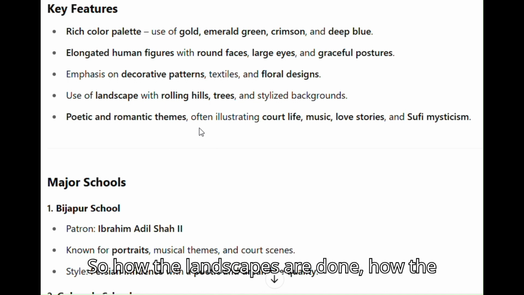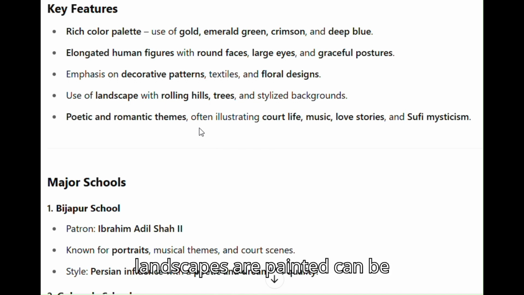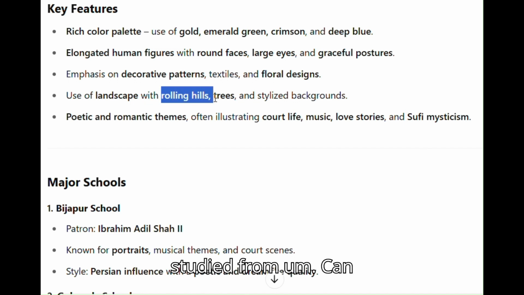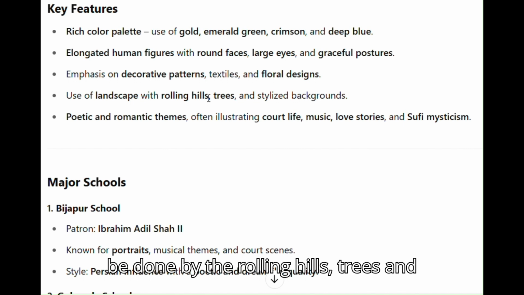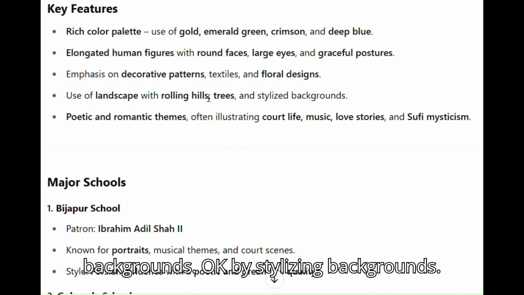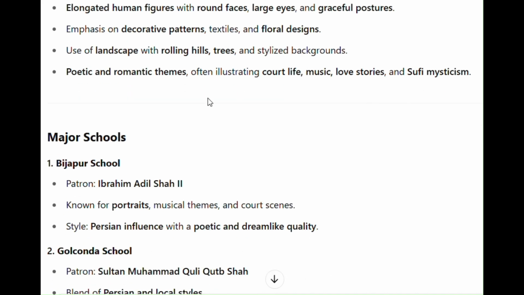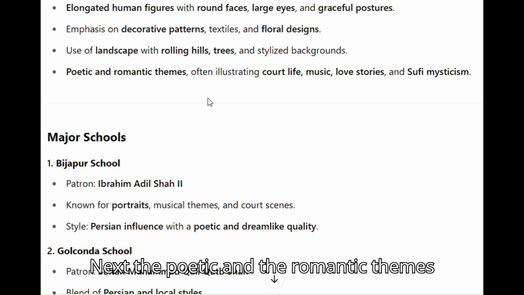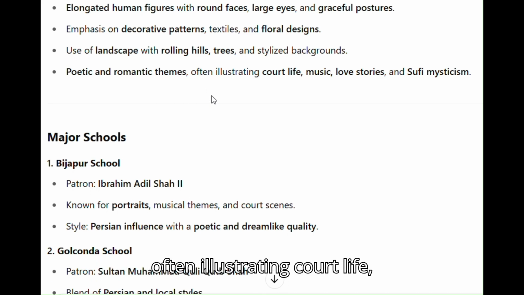So how the landscapes are painted can be studied through the rolling hills, trees, and stylized backgrounds. Next, the poetic and romantic themes, often illustrating court life, music, love stories, and Sufi mysticism.